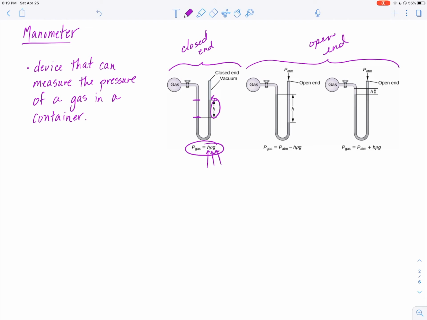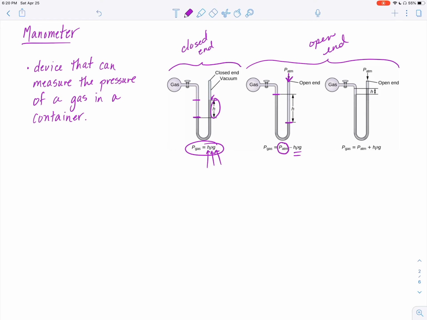Now, in an open-ended manometer, there's a slightly different thing you have to do. You'll take the atmospheric pressure of that day, because the atmospheric pressure actually pushes down on the substance as well. And if the level of the liquid in the manometer is below the level on the left-hand side, then you would subtract that product of the hydrostatic pressure.